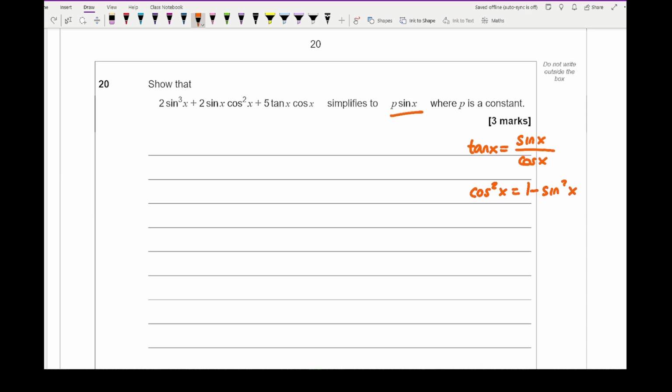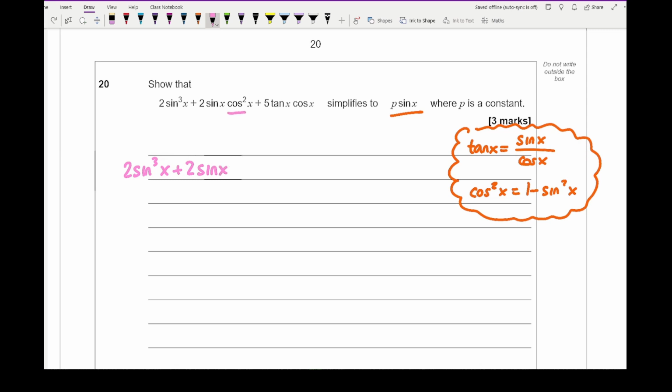The reason why I'm using these is because for the final answer, we only want sine x. So what you want to try and do in your substitutions with your trig identities is find something that involves sine squared x. I'm going to keep the 2 sine cubed x, so that's 2 sine cubed x plus 2 sine x.